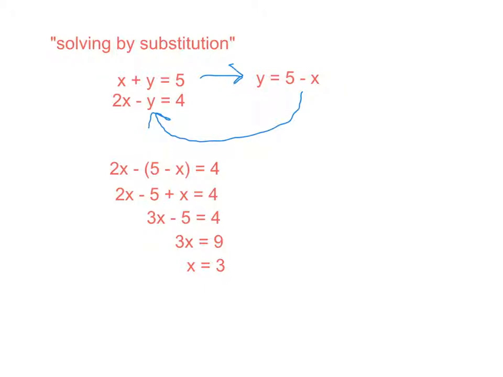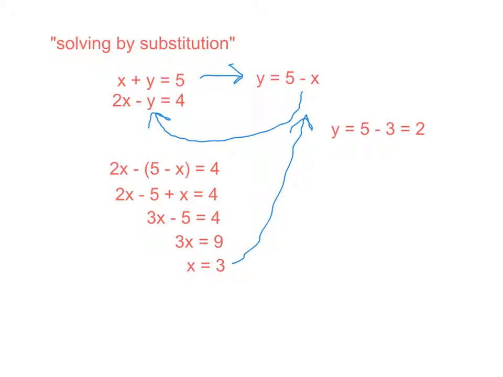Now if I take x equals 3 and go back up to y equals 5 minus x, substituting 3 for x, we get y is equal to 5 minus 3, or simply y is equal to 2. So again, this is solving by substitution. We end up with the same answer. The solution for this system is x equals 3, y equals 2.